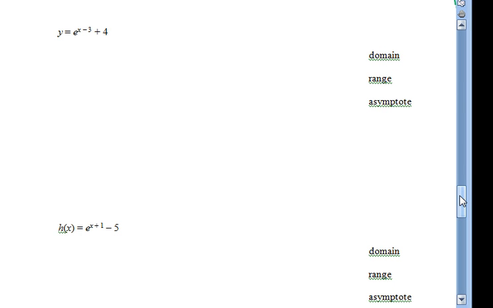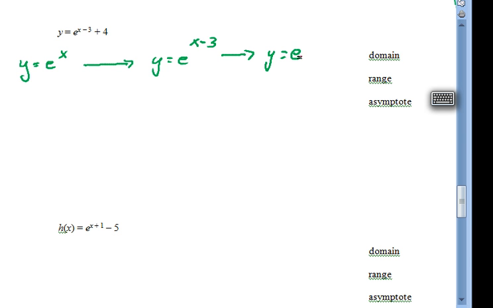So the next example, y equals e to the x minus 3, quantity plus 4. Start with y equals e to the x. Go to y equals e to the x minus 3. And lastly, add 4. So first of all, we'll go right 3, and then we'll go up 4. So here's our (0, 1).